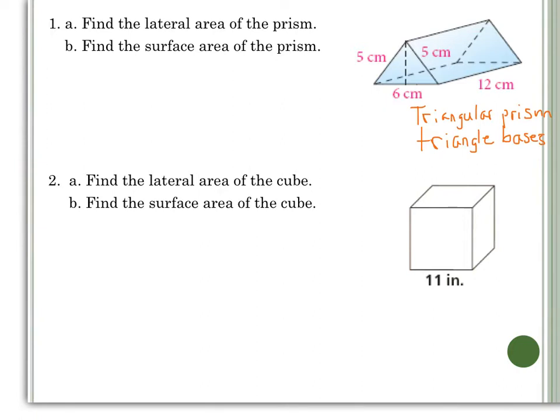So that means for the lateral area, we will find the perimeter of our triangles times the height. So for A, our lateral area will be perimeter of the triangles. So that's 5 plus 5 plus 6, and then times the height of our triangular prism, which is 12.